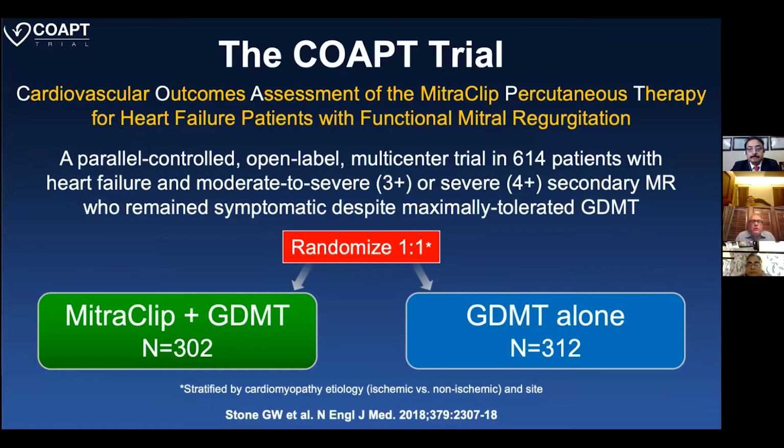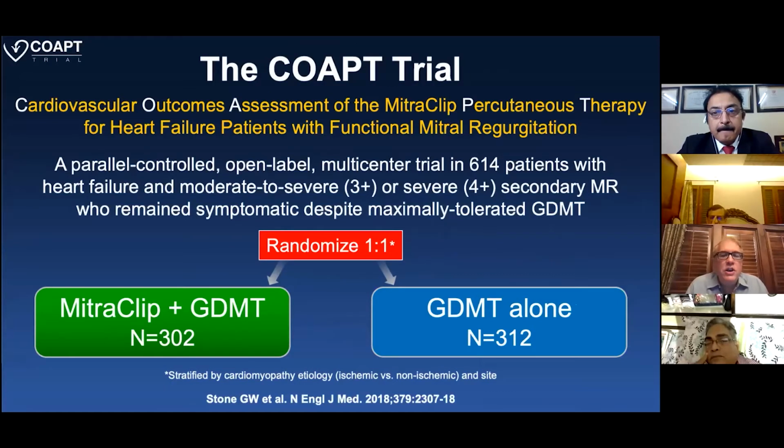And this was a 614-patient study in which, again, those with New York Heart Association class 2 to 4A symptoms, despite best medical therapy with a left ventricular ejection fraction of 20 to 50%, were randomized 1-to-1 to either just stay on the best medical therapy or to reduce the mitral regurgitation with the MitraClip. And again, the main insult here is left ventricular dysfunction. So it was really unknown whether reducing secondary mitral regurgitation could improve the prognosis of these patients.